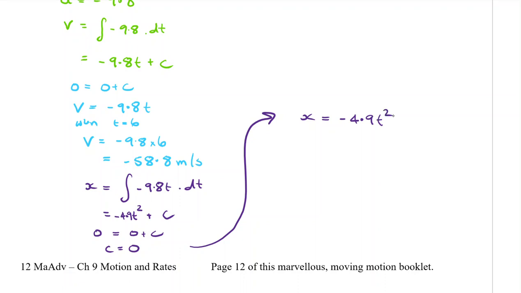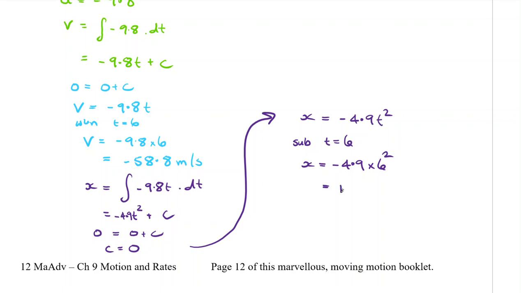Not finished, because I need the displacement after 6 seconds still. So sub that time, we found the velocity before, now we need the displacement after 6 seconds. So that will be x equals minus 4.9 times 6 squared, and we will get an answer.